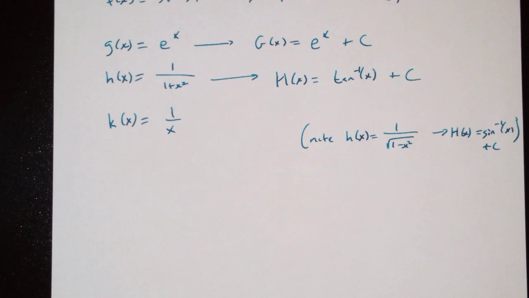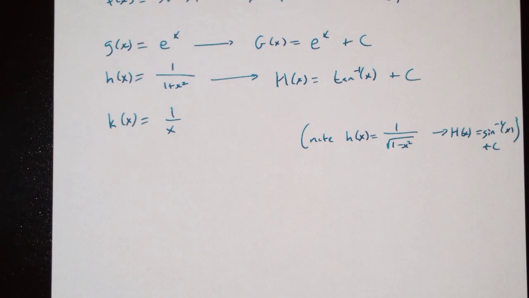They are on there. 1 over x. What's something whose derivative is 1 over x? Almost. ln of x only works when x is positive, right? But 1 over x also works when x is negative.